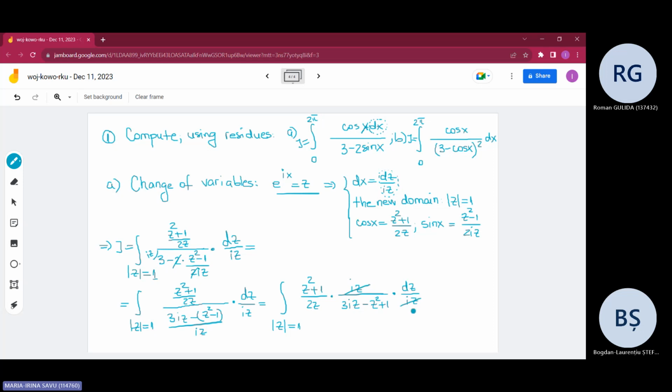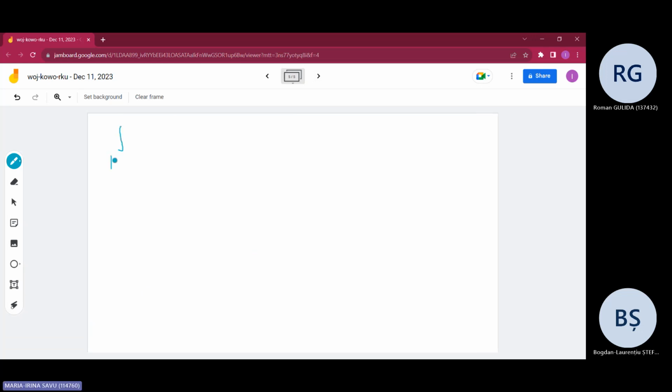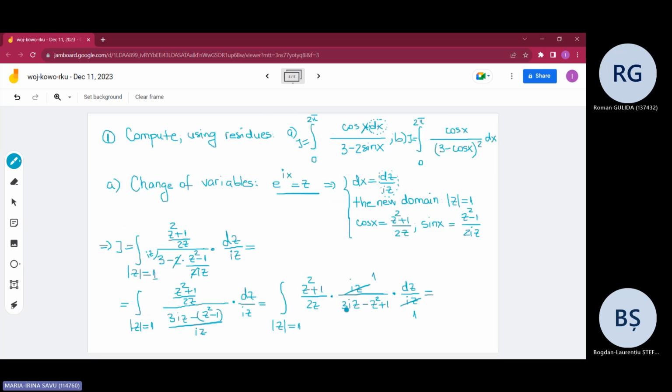We have a simplification, and here the integral, I copy this expression.